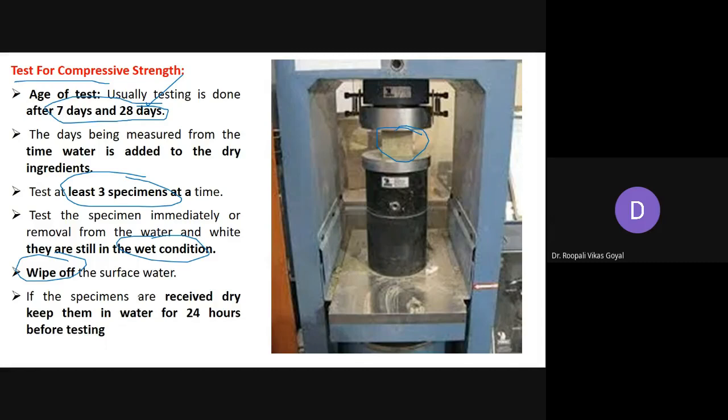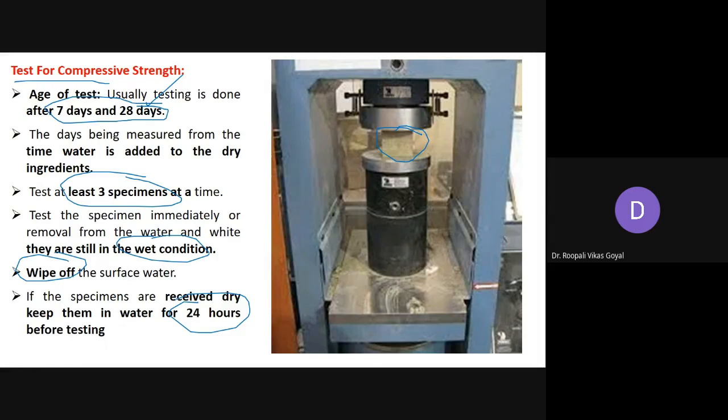If the specimens are received in dry condition, keep them in water for 24 hours before testing. We test in wet condition and just wipe off the surface to avoid different degrees of dryness.